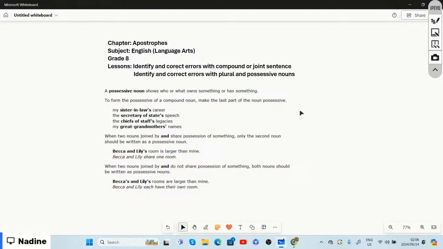All right, so a possessive noun, right? A possessive noun either shows who or shows what owns something. That's a possessive noun.